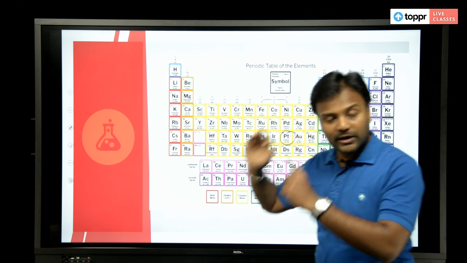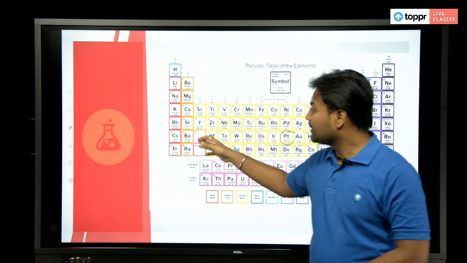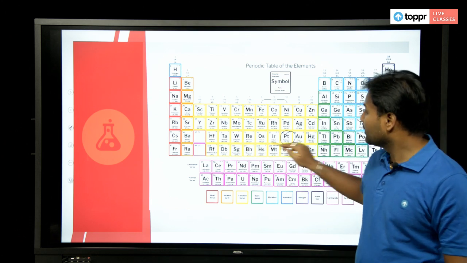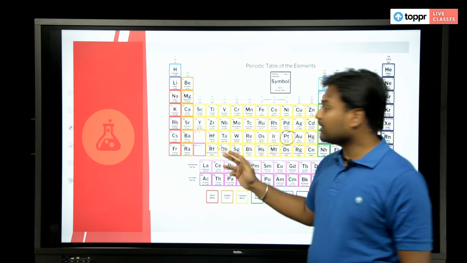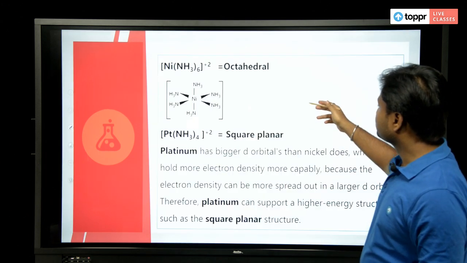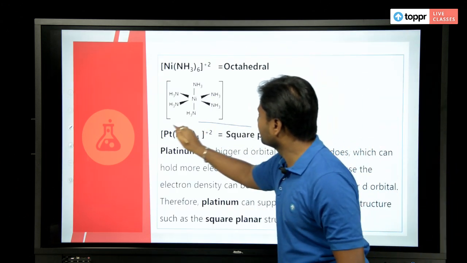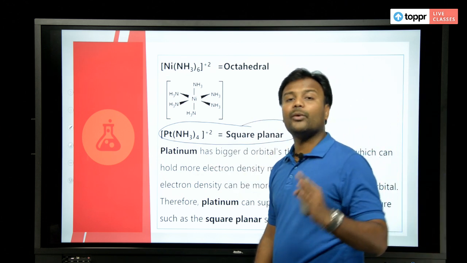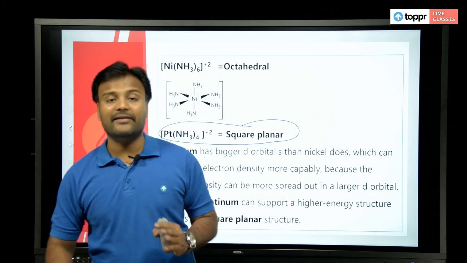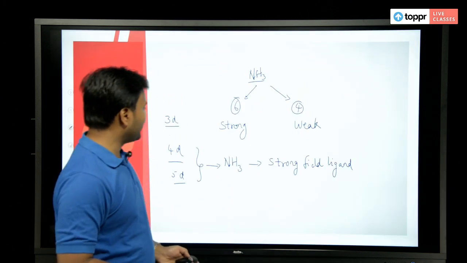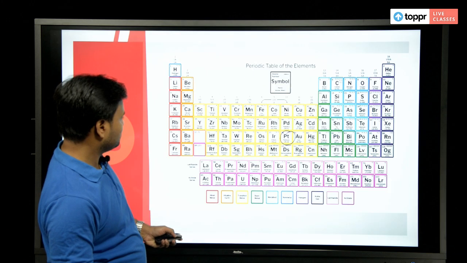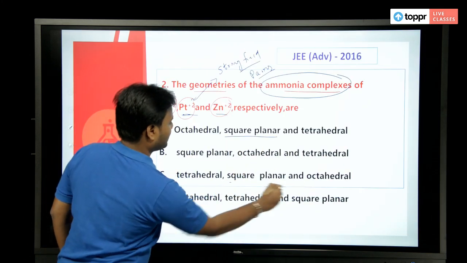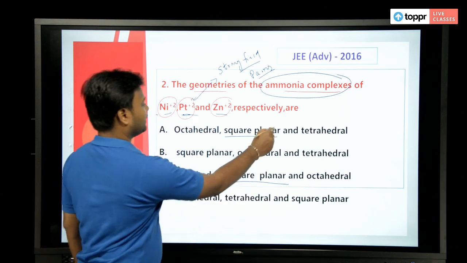Now 6s2 electrons will be lost, and you have the hybridization. Now look at this, here you will have a square planar shape. So where does a square planar come up? You can see square planar, here also it is square planar, these two cases.